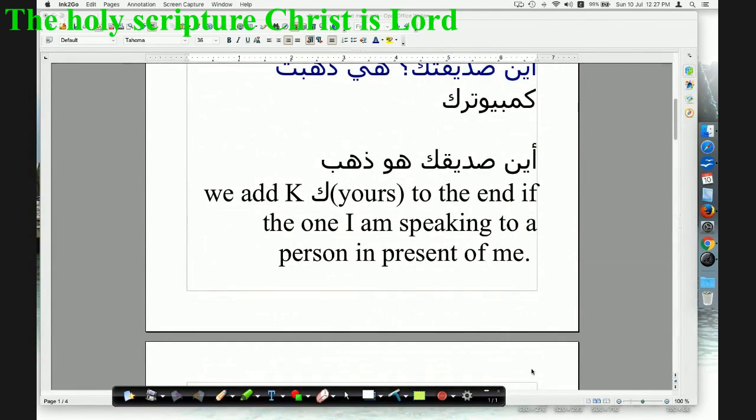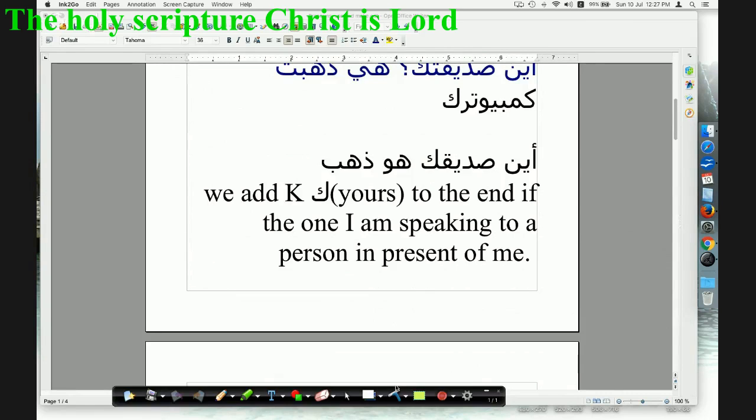You notice when I speak always to a male, I use the fatha. صديقك. أين صديقك? If I'm speaking to a female, I say أين صديقك. So I'm adding kasra under the ka for female. I'm adding fatha for the male. That's the whole story. Otherwise, there is no ki and there is no ka. All right, it is just tashkil.